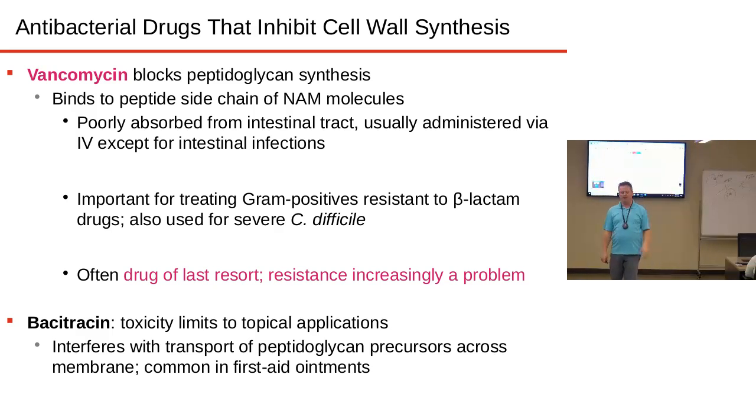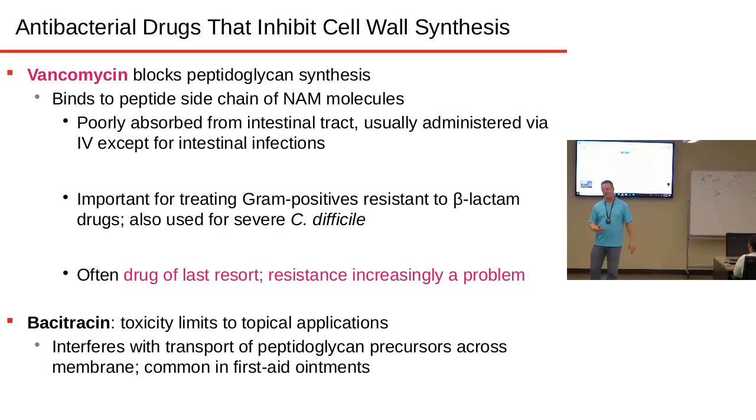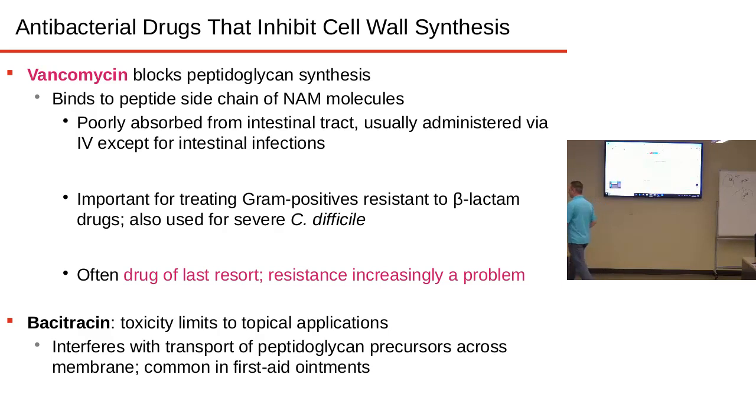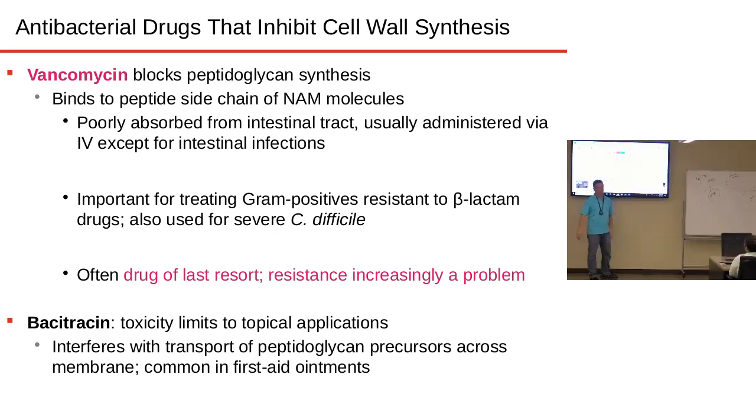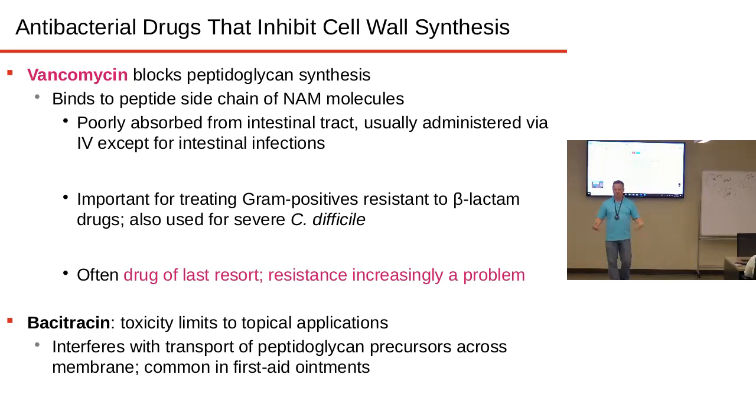It's an IV drug. You can't give IV at home, right? You can't just say, here's an IV bag and a needle, go do this at home. You'll be fine. It's not going to happen. So in this case, you keep vancomycin as a last resort drug because it requires an IV. Why does it require an IV? Because it's very poorly absorbed by the intestine.